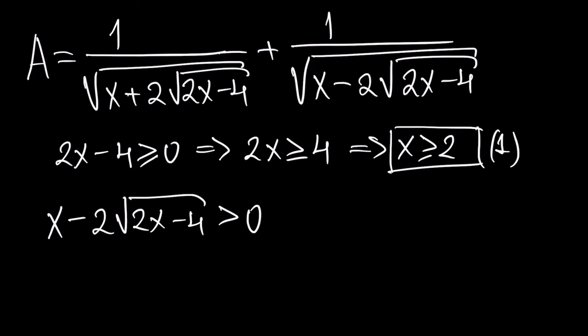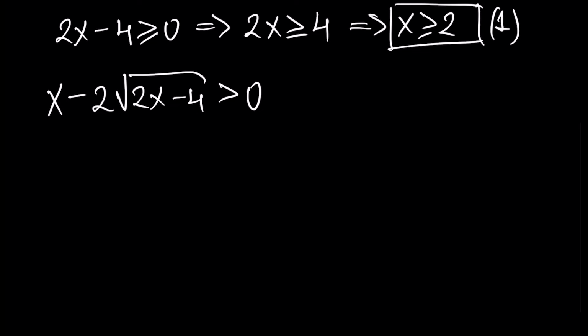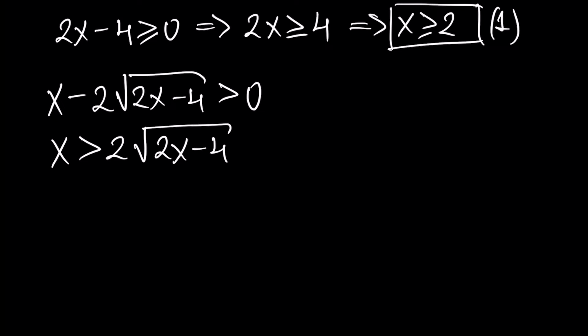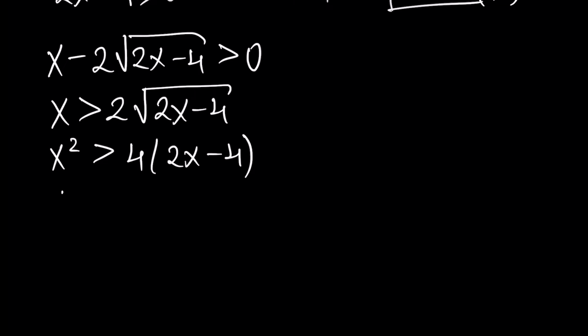That's why if we solve further, we will have x greater than 2 times square root of 2x minus 4. Now we square both sides of our inequality. We will have x squared greater than 4 times 2x minus 4. Or in other form, it can be written as x squared minus 8x plus 16 greater than 0.